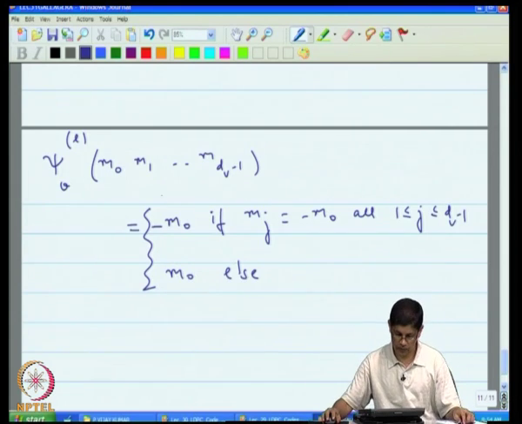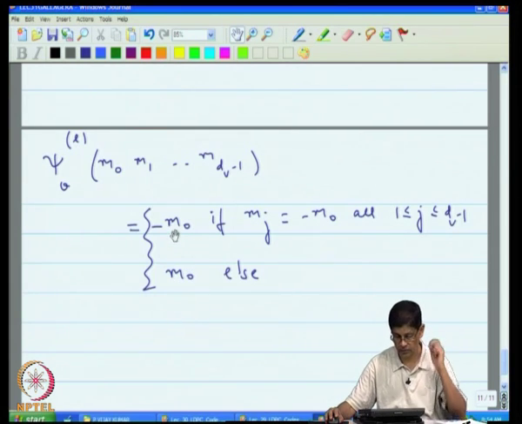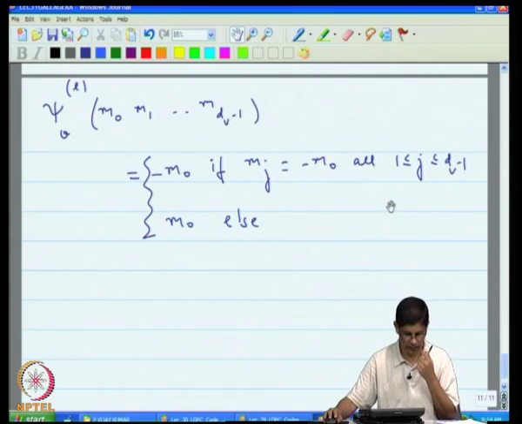Okay, so what this actually means is that it is going to pay very close attention to what it receives from the channel, and it is going to transmit that symbol unless all of the other incoming messages have a sign that is different from the incoming message from the channel, in which case it will listen to these other messages and change the sign of the outgoing message.